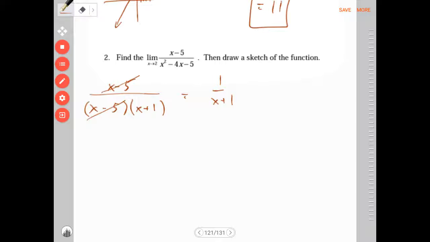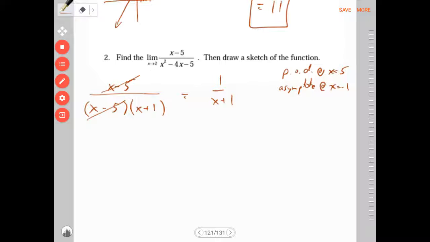We have a point of discontinuity, a POD, at x equals 5. And we have an asymptote at x equals negative 1.